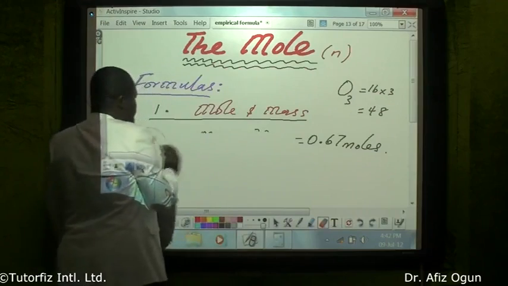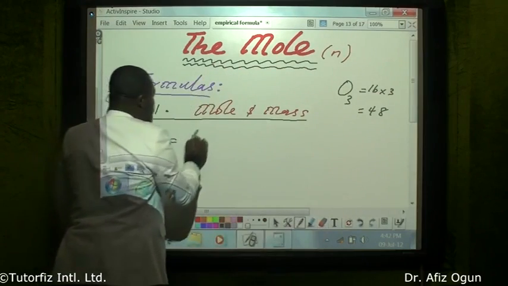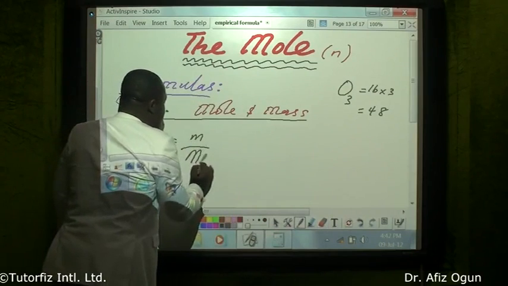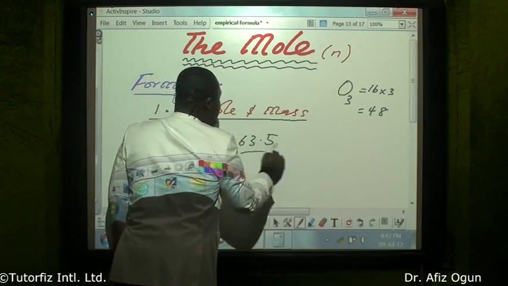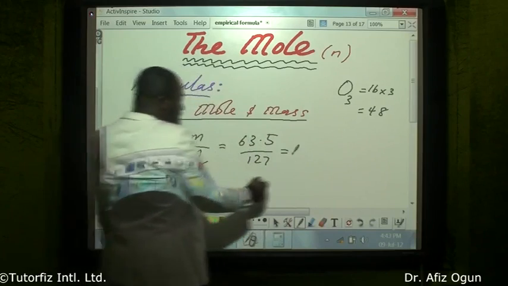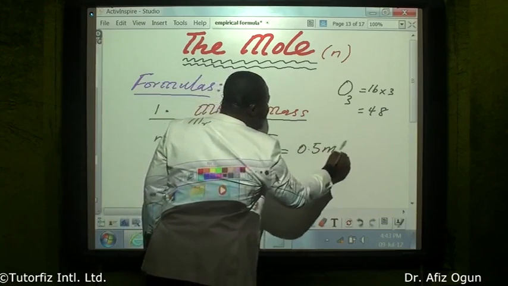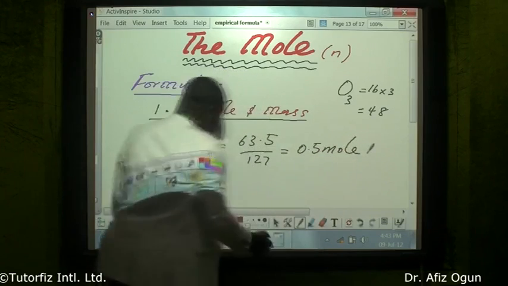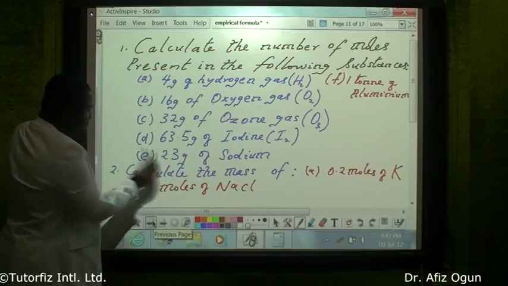I use the same formula. n equals m over Mr, which equals 63.5 divided by 127. This divided by this is 1 over 2, which is 0.5 moles. You can see this thing is very easy. It is really easy.